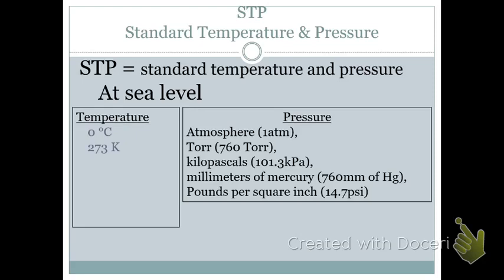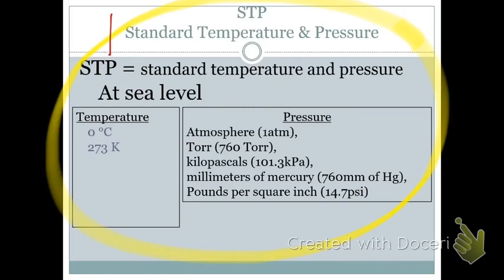And in temperature, we know that we deal with degrees Celsius and we deal with Kelvin. We know that absolute 0 K is the point at which all motion stops, and it can't go any lower than 0 K or negative 273 degrees Celsius. Make sure that you know this standard temperature and pressure right here. That's everybody put together right there for you. Okay? You are going to need this very much so as we go through this particular unit of the gas laws.